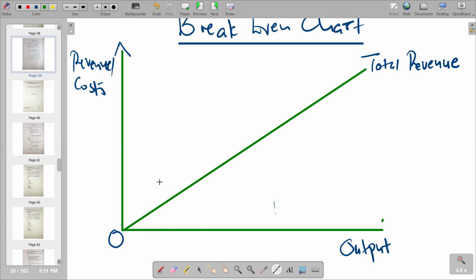But it is a different scenario when we go to cost. On cost, we have our fixed cost. Remember, fixed costs do not change with the level of output, so our fixed cost curve is going to be a horizontal line. We present it as a horizontal line, and we label it fixed cost.